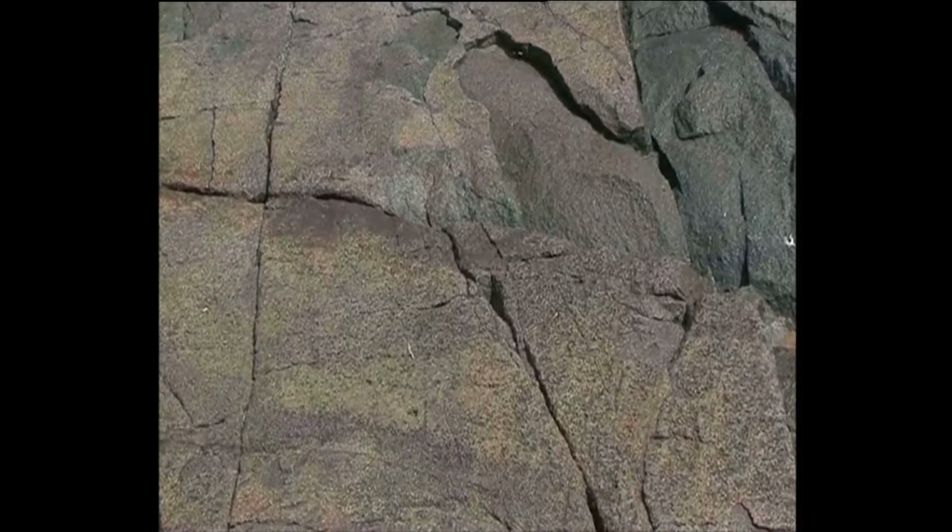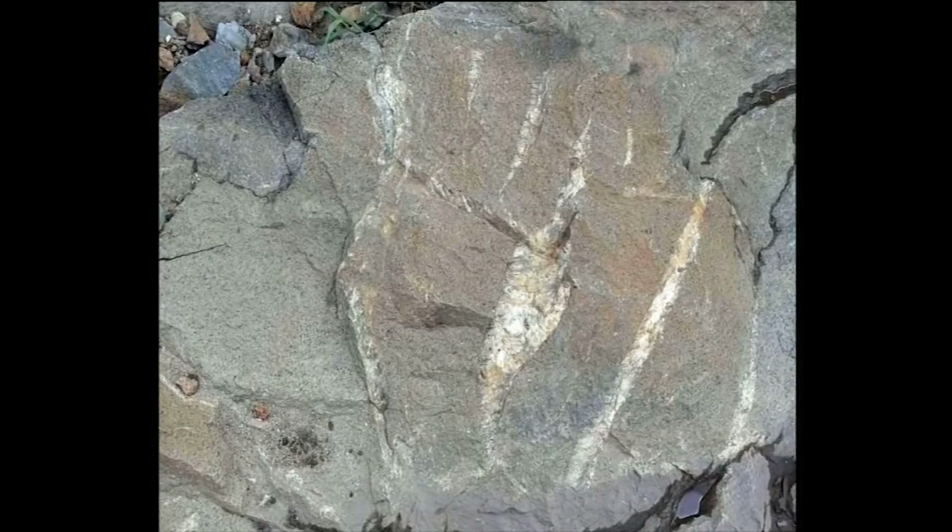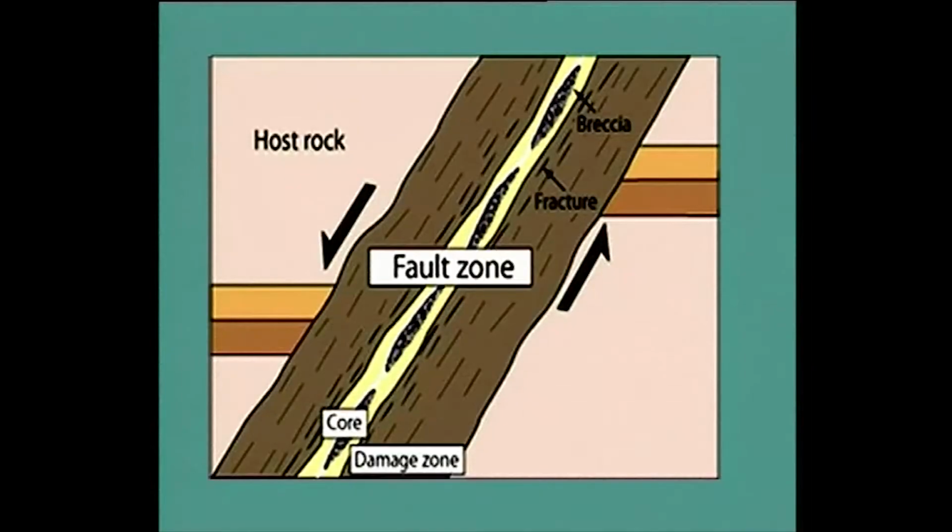Secondary joints may form perpendicular to the applied directed stress. In that case, they are called tension joints, or they may form in a similar way as faults, that is, parallel to the planes on which the shear stresses are maximum, and form as shear fractures.